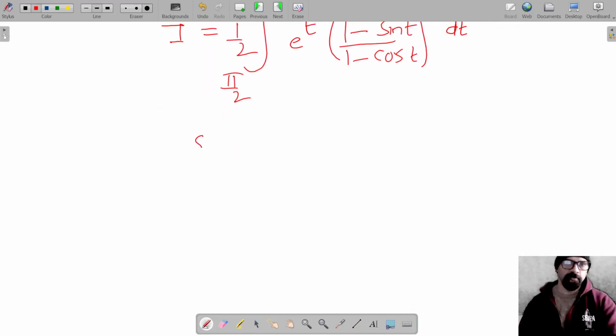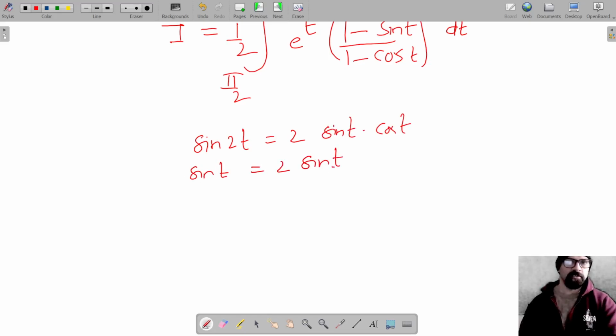Now we know that sine 2t is 2 sine t into cos t, and with half of this angle, sine t becomes 2 sine t by 2 into cos t by 2.